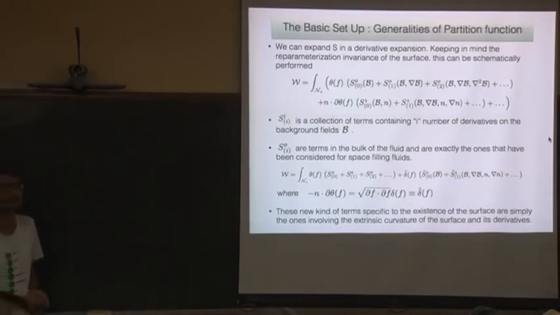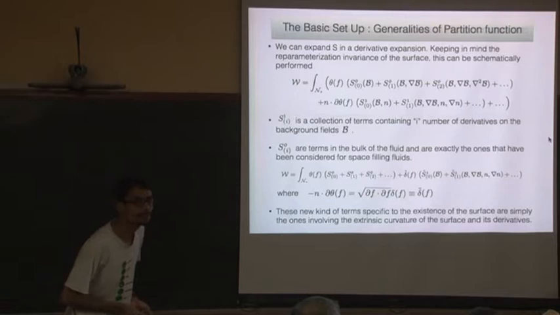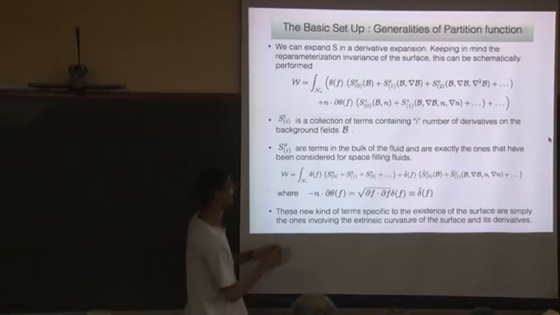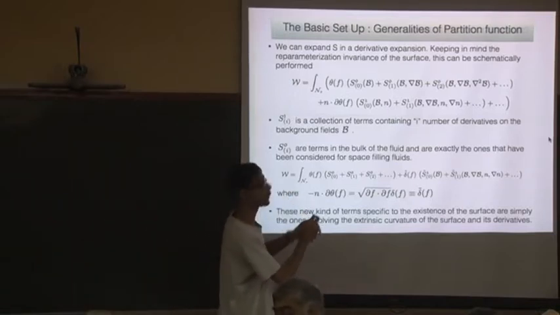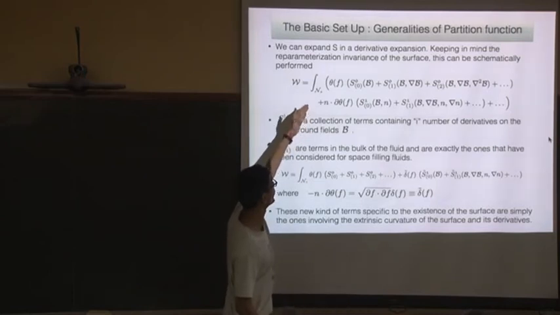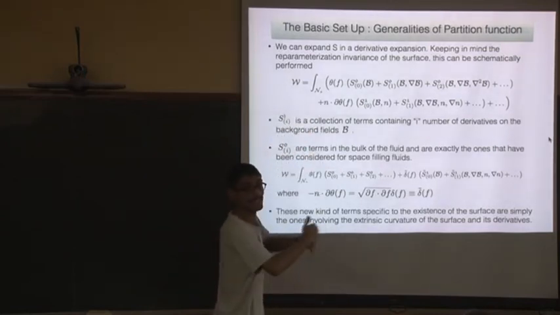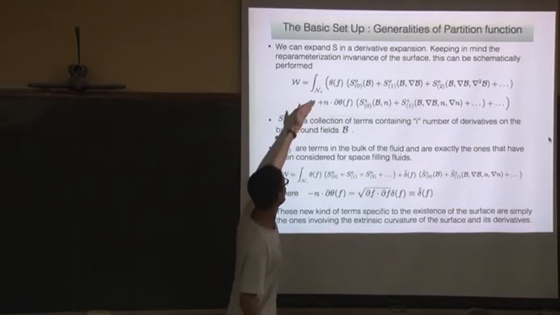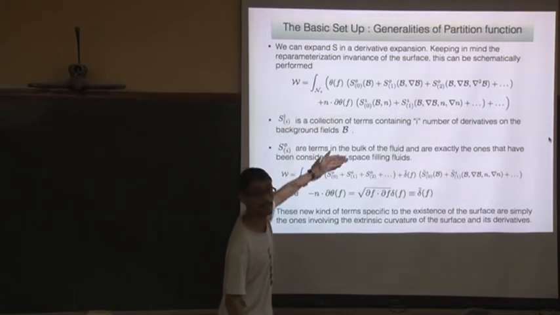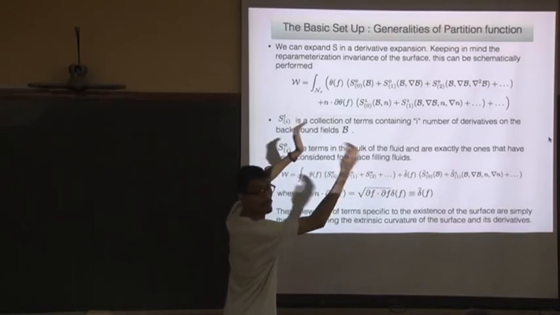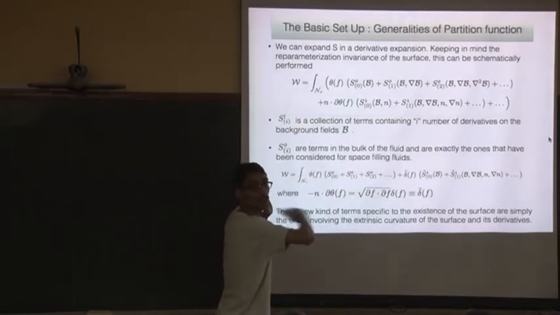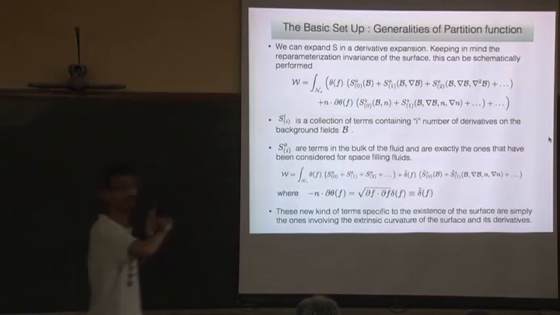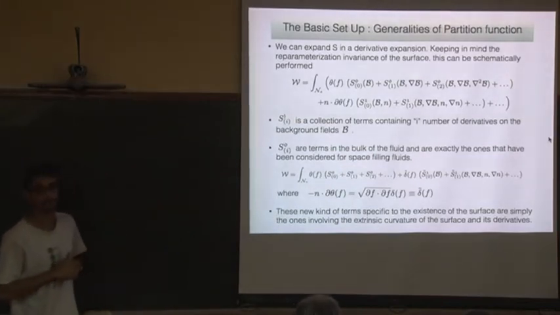This is an expansion in number of derivatives on theta. There are two kinds of derivatives. I have put the derivative on theta at a different status than the normal hydrodynamic derivative. So I have theta, derivative on theta, higher derivatives on theta, each of which is multiplied by something which contains the normal derivatives in fluid dynamics.